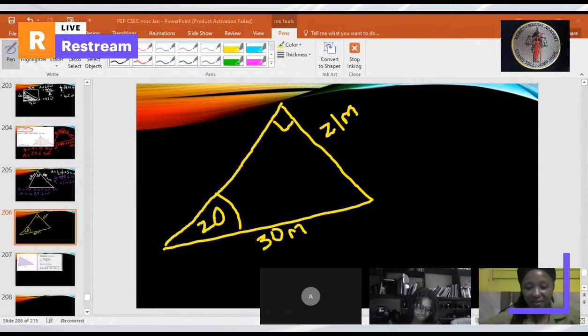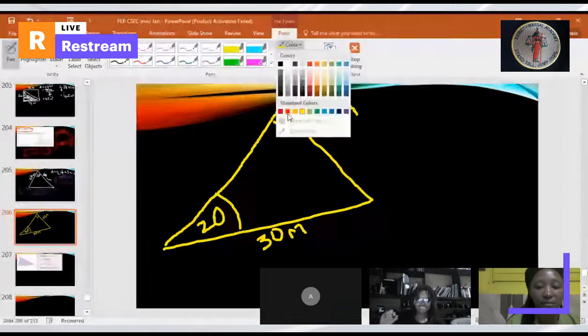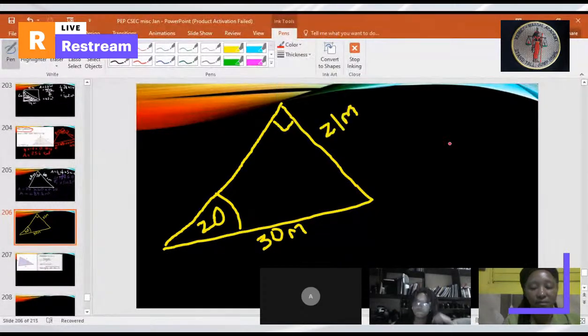All right, big sister to the rescue. Okay, Miss. So the angle has to be in between two lengths, and they're not together.